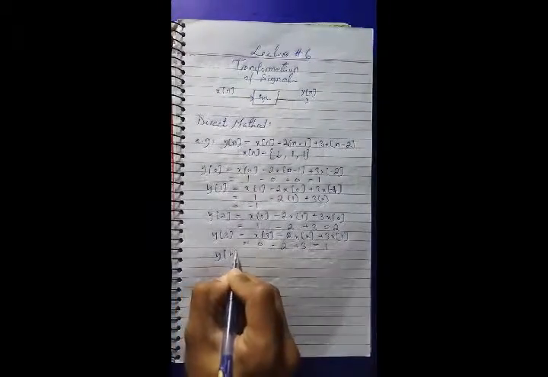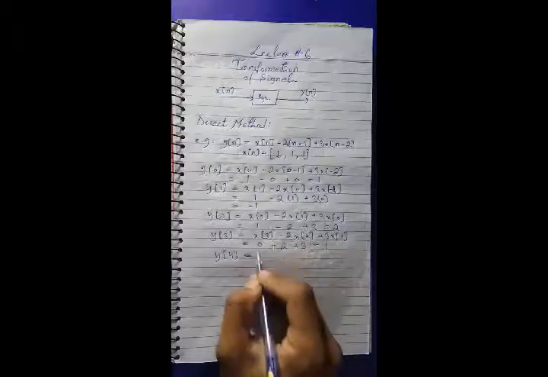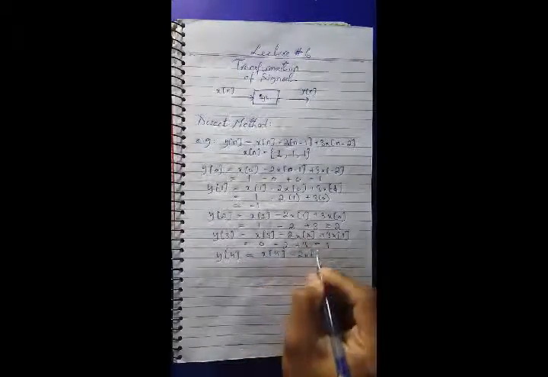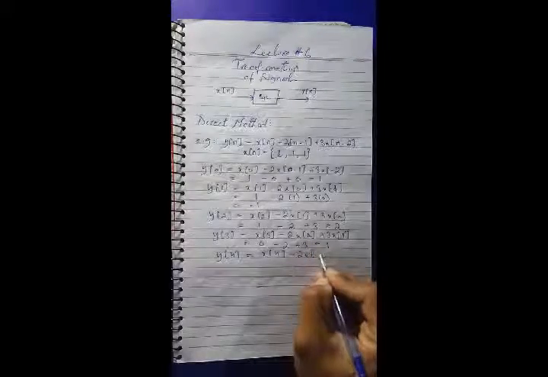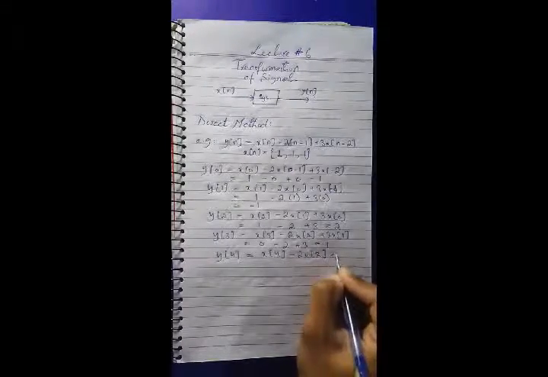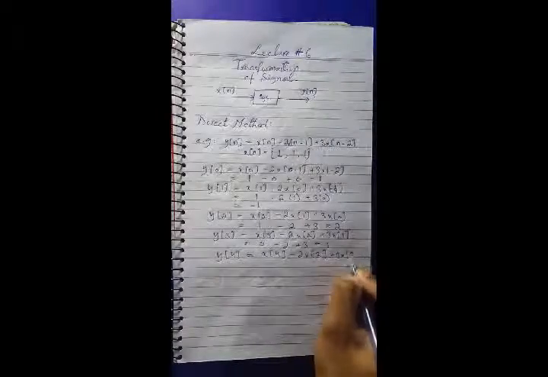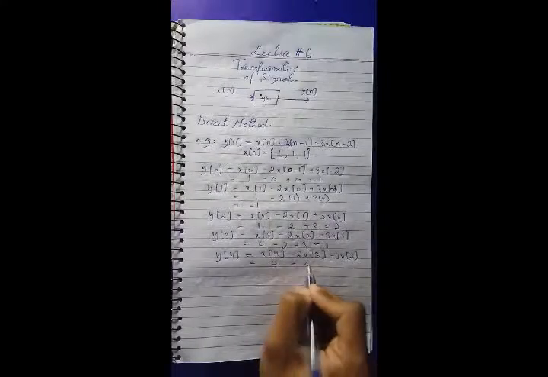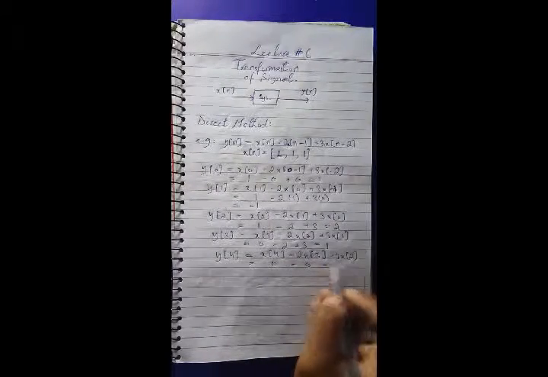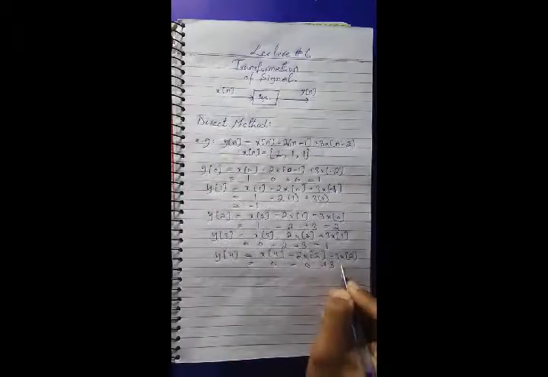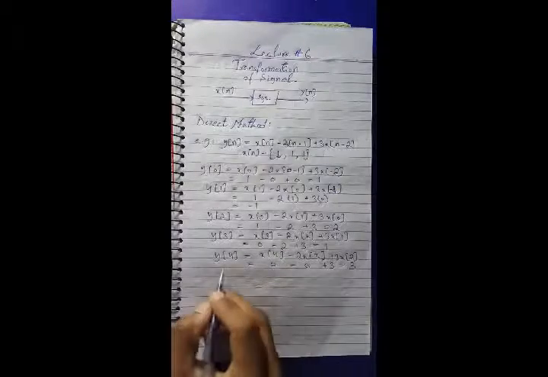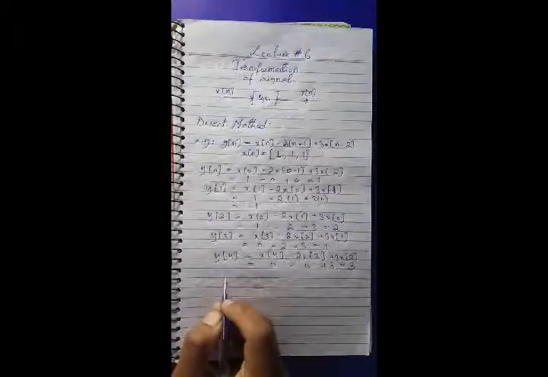y of 4 is equal to x of 4 minus 2 into x of 3 plus 3 into x of 2. Here we have 0, 0, and at index 2 we have 1, so 1 into 3 is 3. We have 3 here, and all other values are 0 up to infinity.